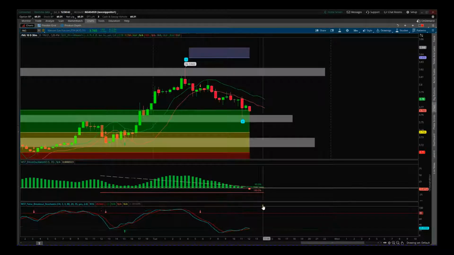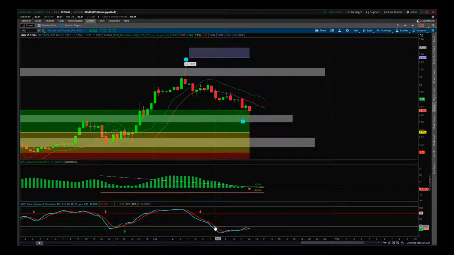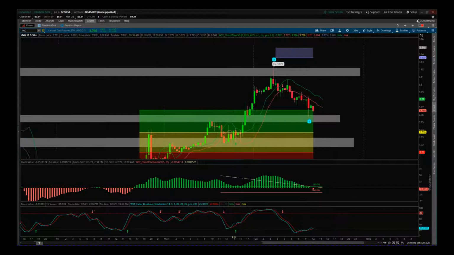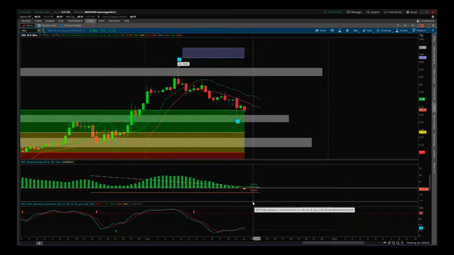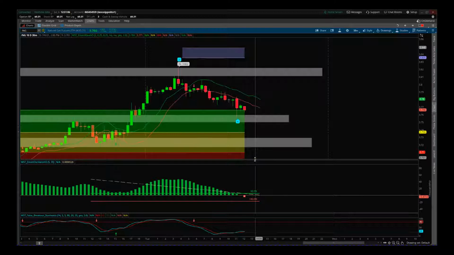The stochastic, we've gone from overbought to oversold, and we are looking to return back up. There's no false breakout there this time, but on the wave 4, one of the minimum requirements is we've pulled back against the main trend in the overbought, and then we've crossed over in the oversold. So behavior wise, the wave 4 is behaving well.